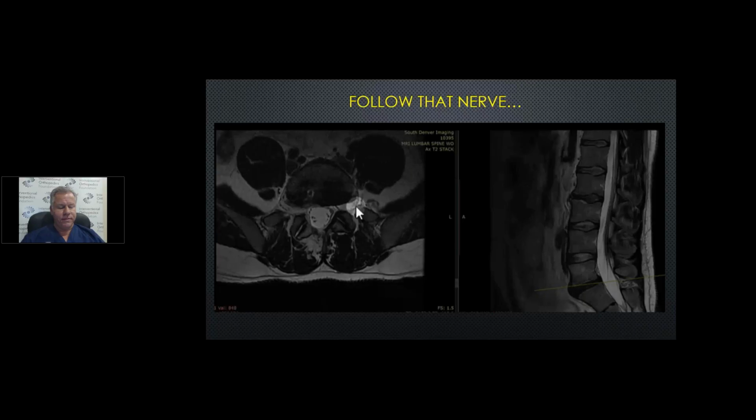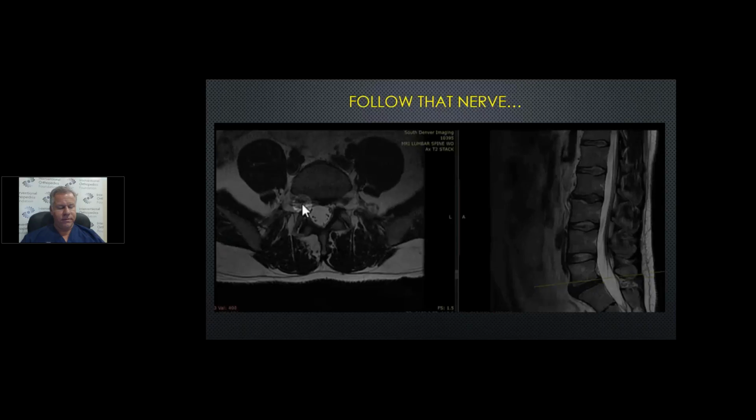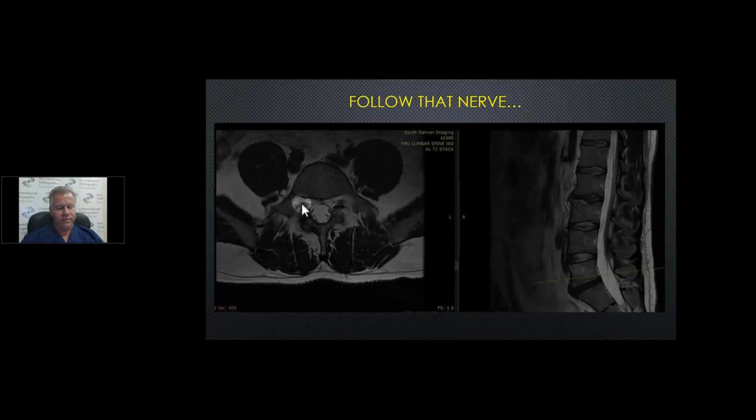Then we're going to start to look out here for the L5 nerves. Now we're at the L5-S1 foramen, and we start to see an L5 nerve there, and we're catching an L5 nerve there. Then you can see an L5 nerve here and an L5 nerve there. So now we're at the top of the L5-S1 foramen.